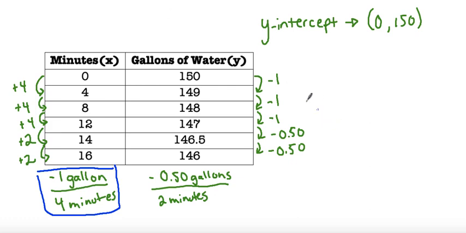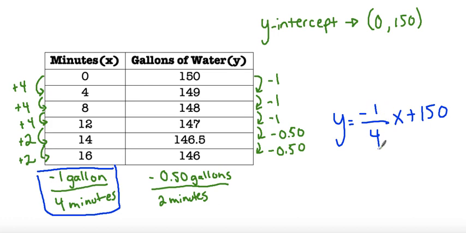So here, our gallons of water is decreasing 1 gallon every 4 minutes, and then x represents the number of minutes, plus 150, which is the number of gallons we started with.